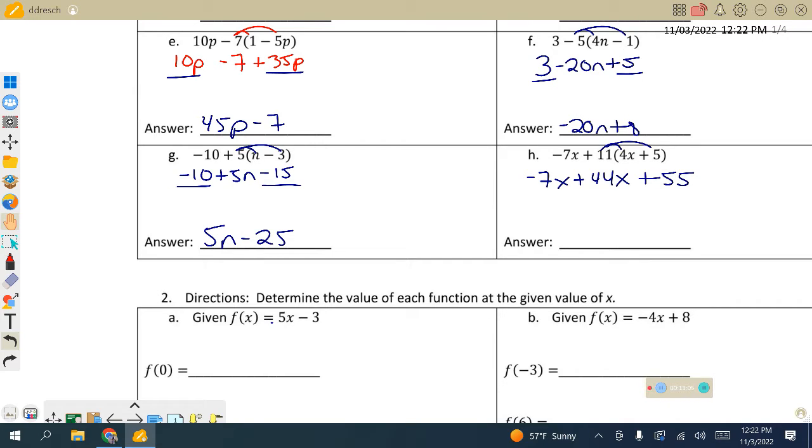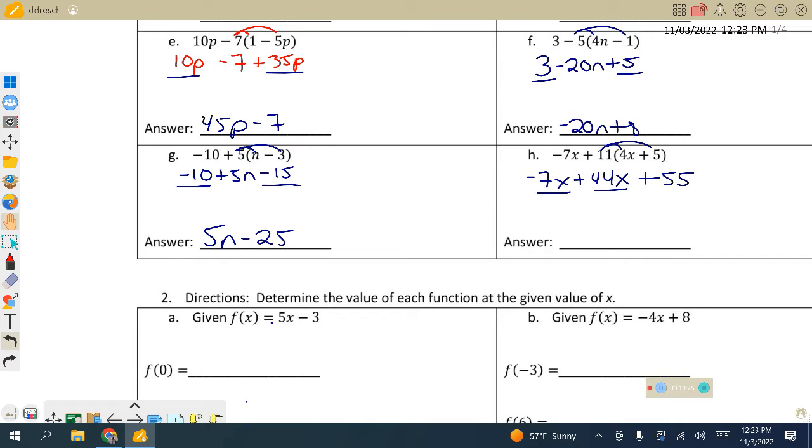Watch it out. Now we have like terms. We have x's this time to bring together. This is again where your calculator comes into play if you're not getting the right number. Negative 7 plus 44. If you want to check yourself, check with the calculator.